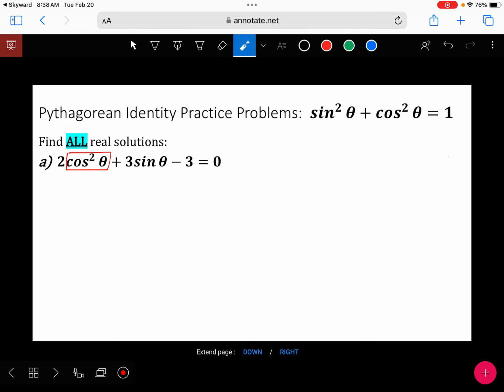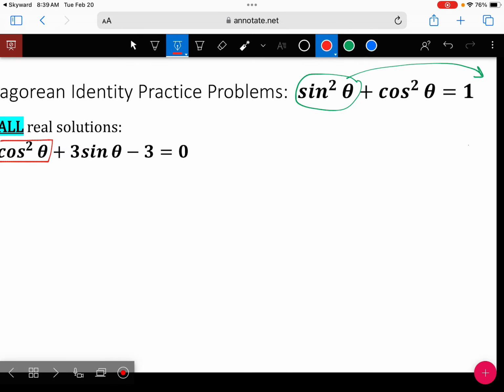If you take this Pythagorean identity that you just wrote down and solve it for cosine squared, that would mean I would take the sine squared and subtract it. That would mean that I would have cosine squared theta equals what? 1 minus sine squared x.